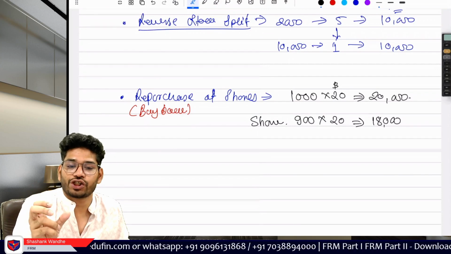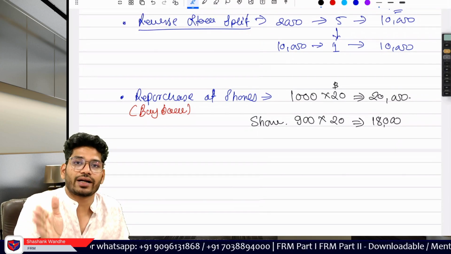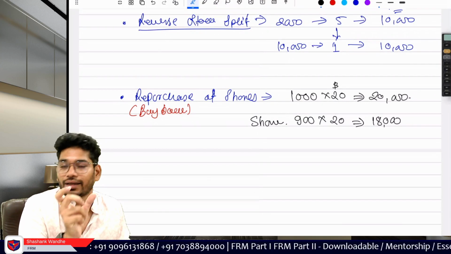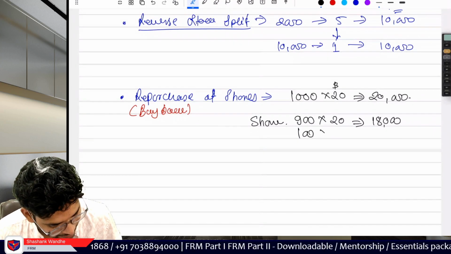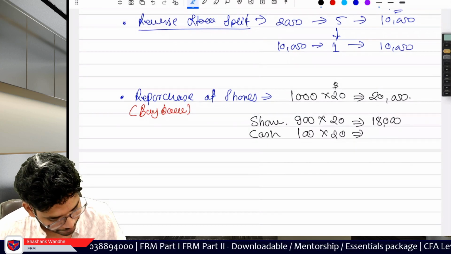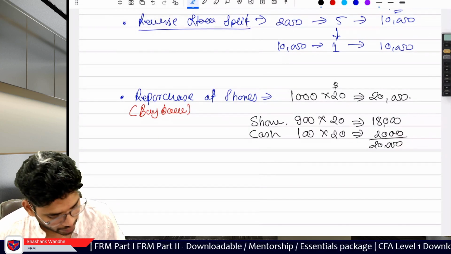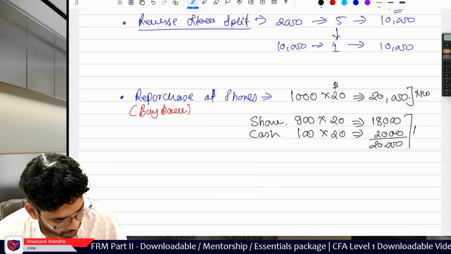Now the company repurchased shares. So 900 shares multiplied by 20, 18,000. So you have share value of 18,000, and remember the company paid 20 for these shares, so you will have cash of 2,000. So again your net worth is 20,000 only. So net worth is not changing.